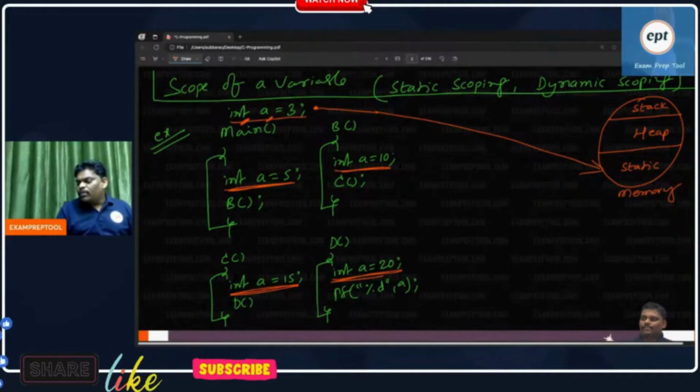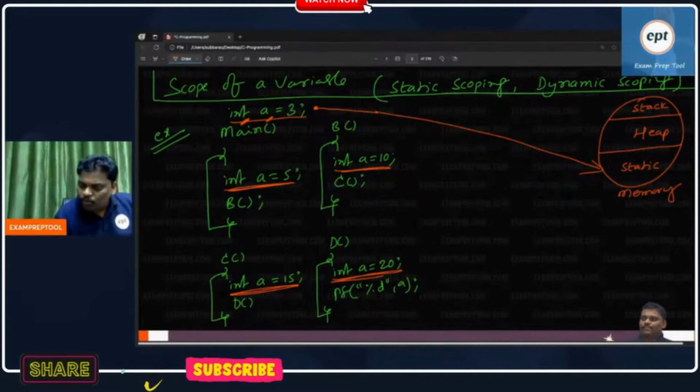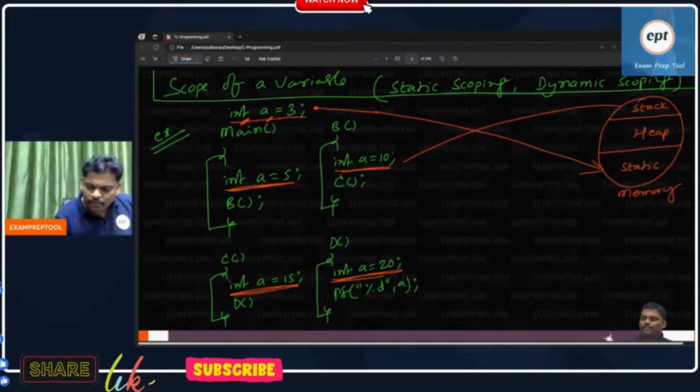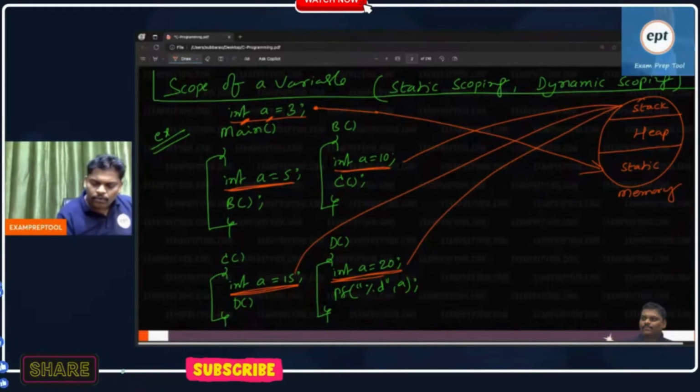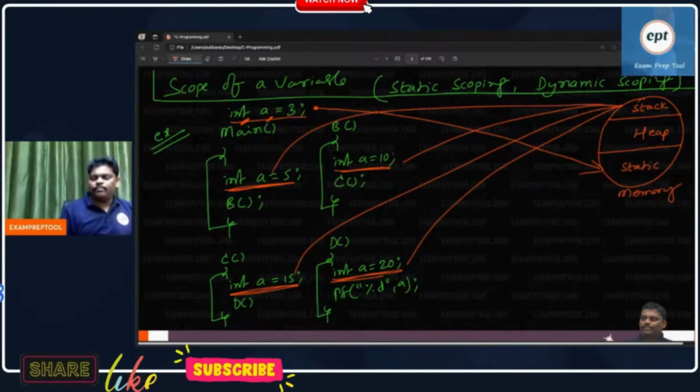For a global variable, memory will be allocated in the static area. And one more: local variable memory will be allocated in the stack area. Remember.